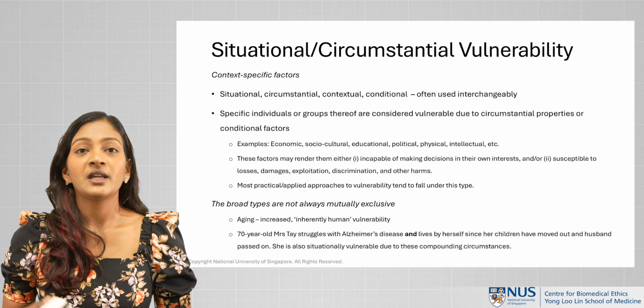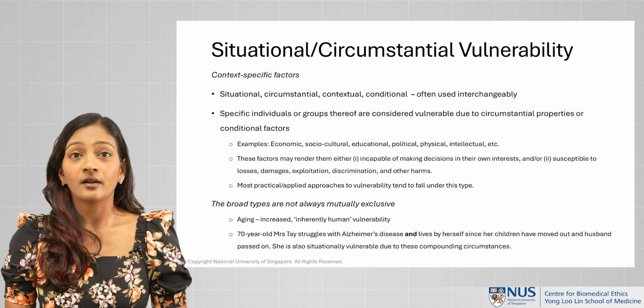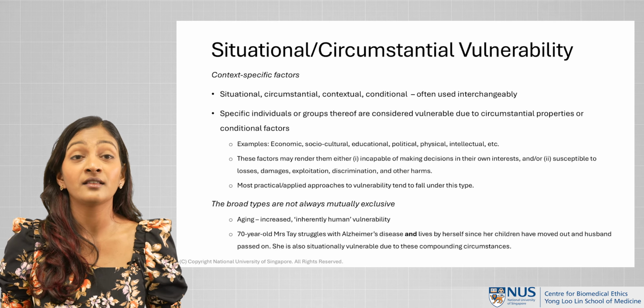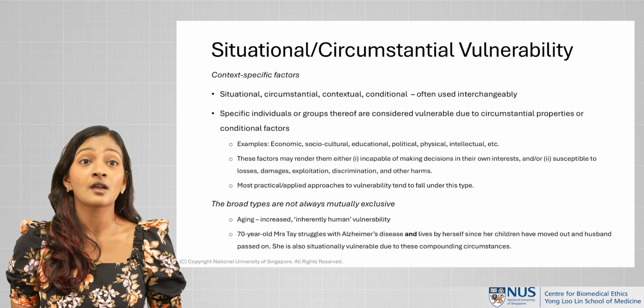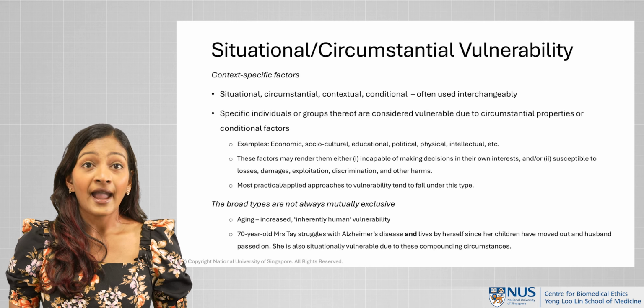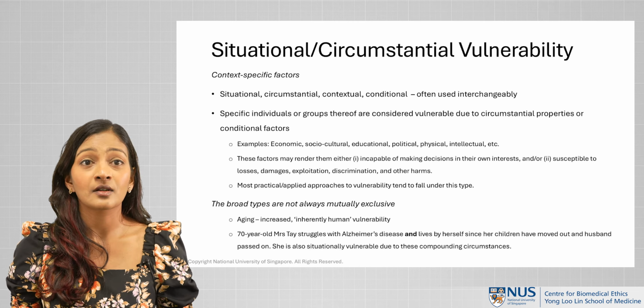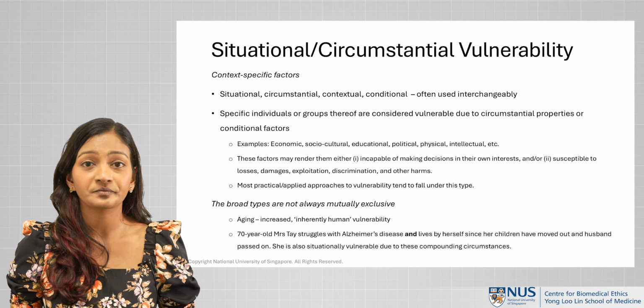And these factors may each on their own or together or in combinations of each other render these persons either incapable of making decisions in their own interests and or susceptible to losses, damages, exploitation, discrimination, and other types of wrongs.